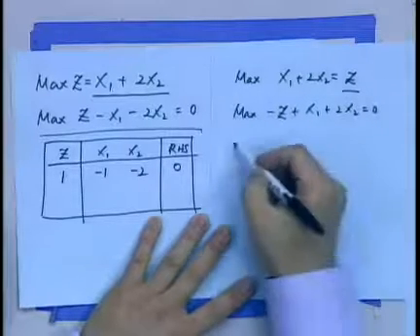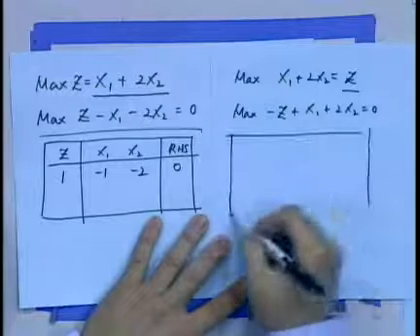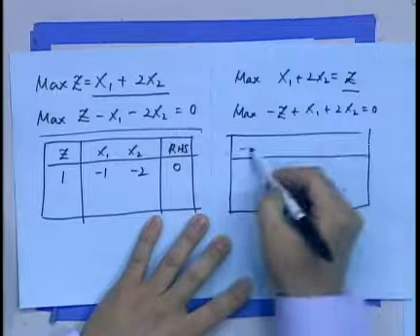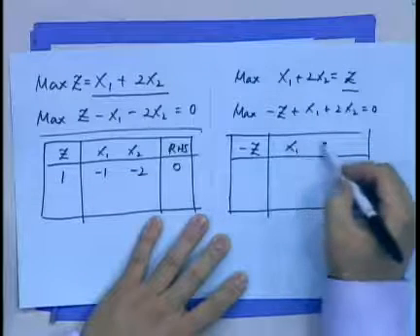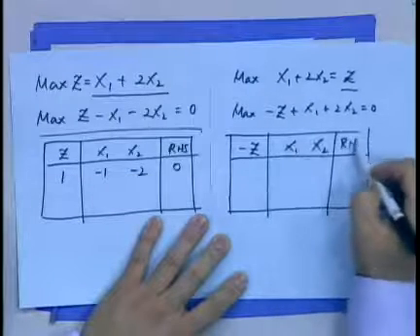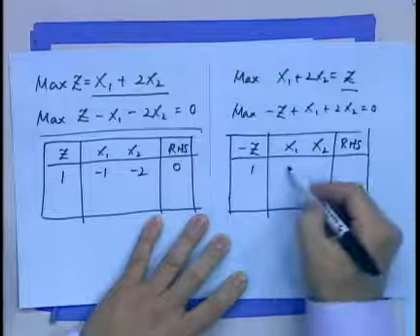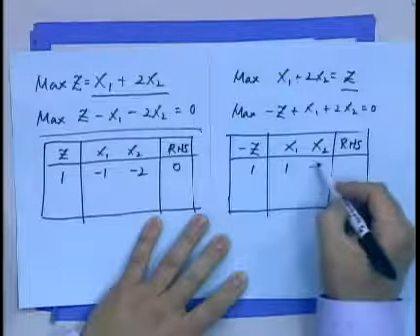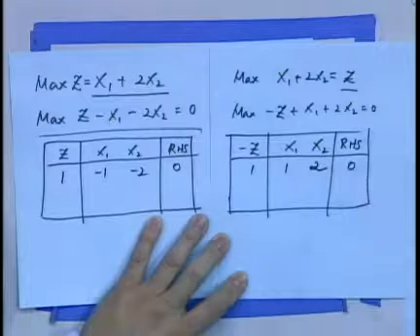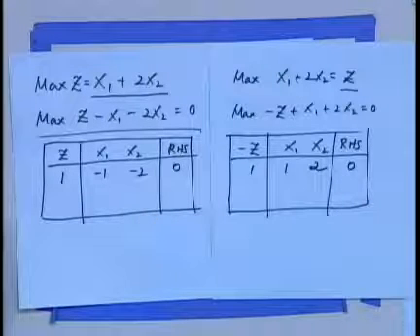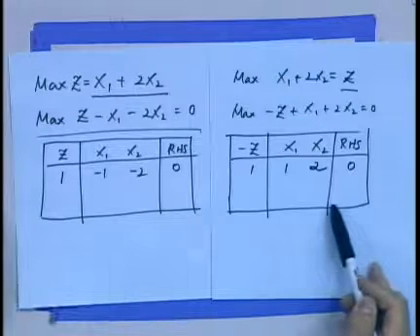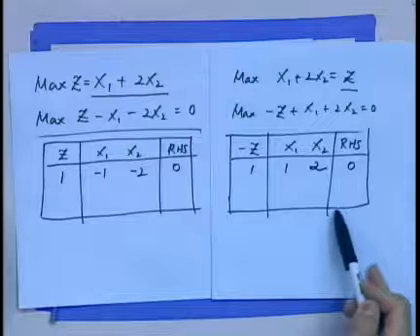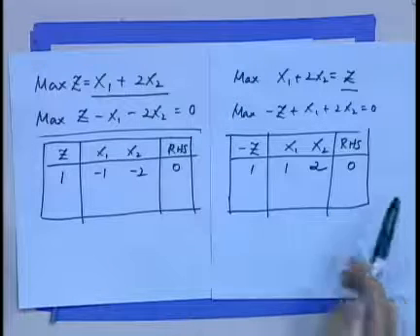And then made the simplex Tableau based on this. So we have negative z instead of z. x1, x2 columns, right-hand side, 1, 1, 2, right? 0. Okay? I will use this way because it makes much more sense to think of reduced cost or the relative profit.